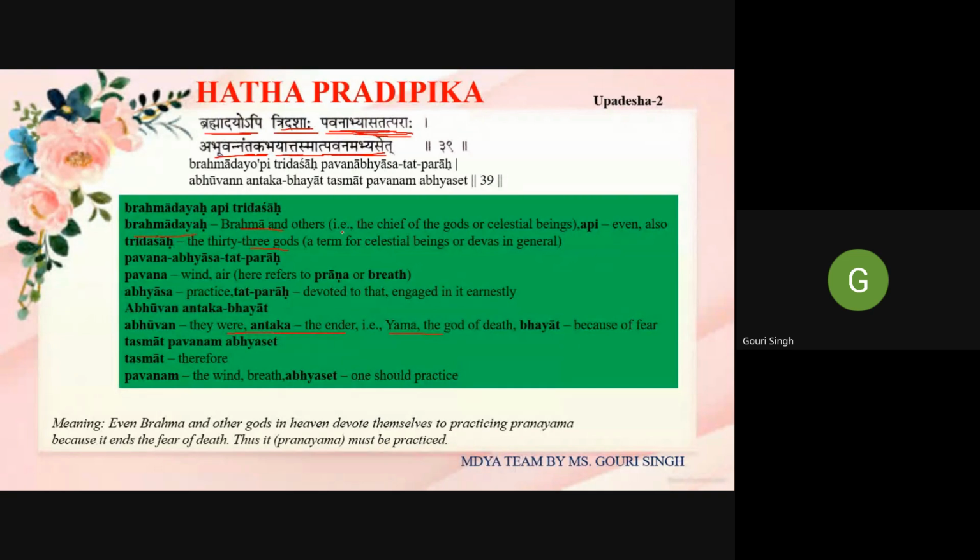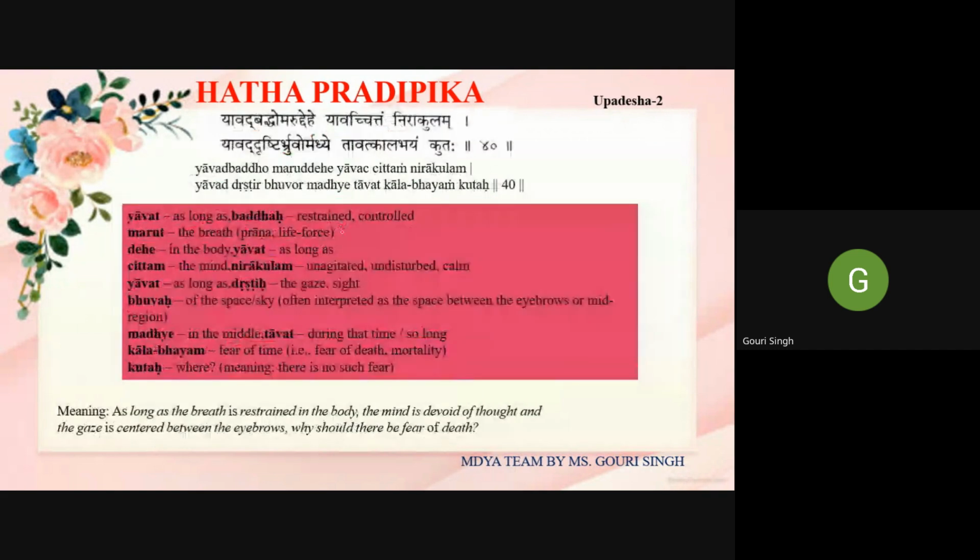Okay. After that: yavat baddho marudehe, yavat chittam nirakulam, yavat drishti bhrumadhyastha, tavat kalabhayam kutaha. Yavat baddho marudehe means as long as you are controlling or holding the maruta. Maruta means your breath or air, the prana.